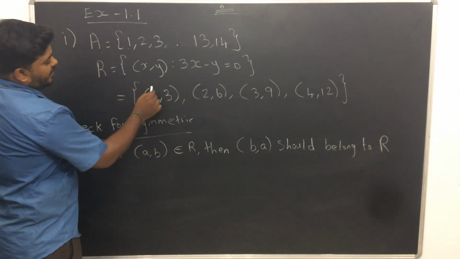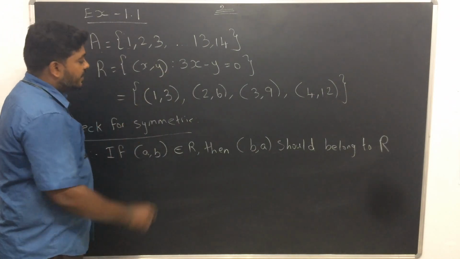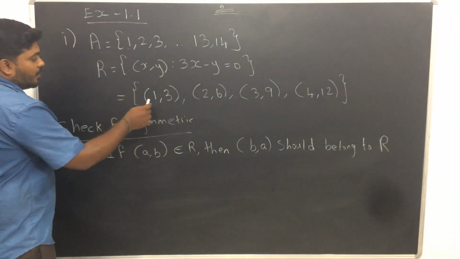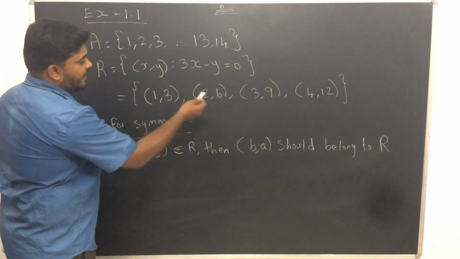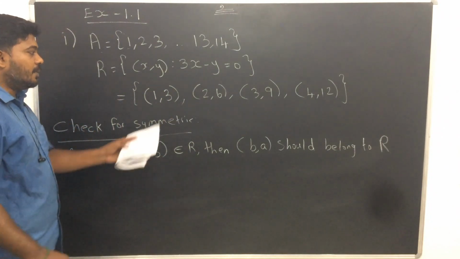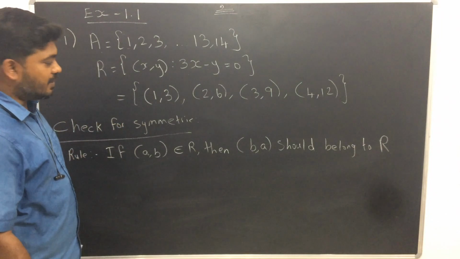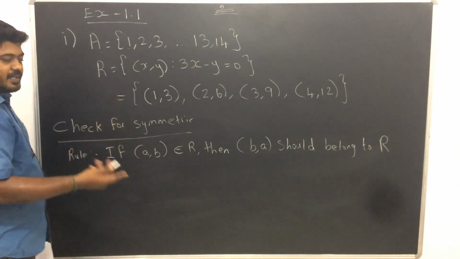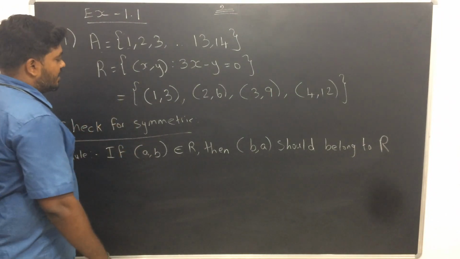So let's start with the first pair. Here 1 is A and 3 is B. So for 1, 3 in the relation, do we have 3, 1? Do we have 3, 1? No, there is no 3, 1 in the relation. So we can say this relation is not symmetric.